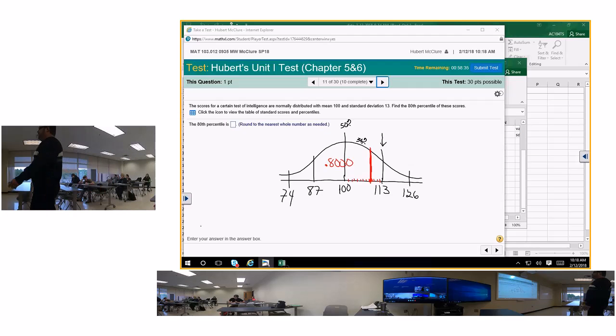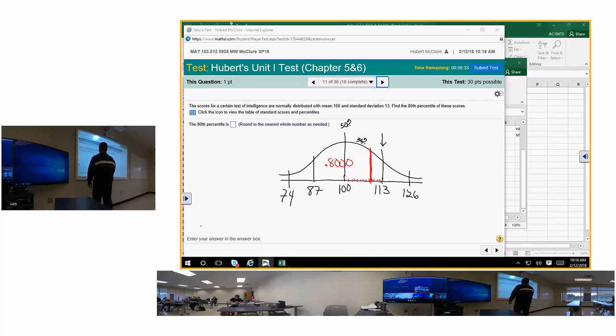The table only gives you the left-hand side of this mark. Because this is the 80th percentile, which is equal to the z-score.